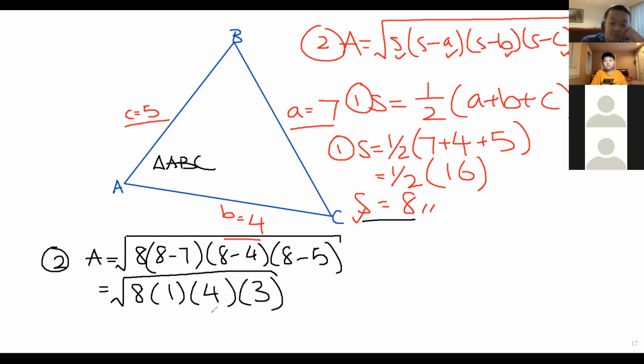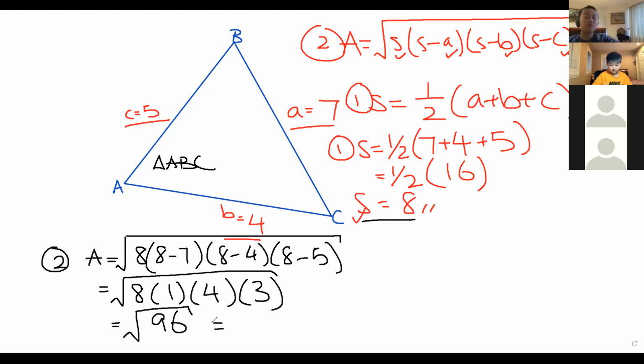And then this gets simplified to square root. So 8 times 1, this is just 8. And then 4 times 3 is 12. 12 times 8, 96. Right? And then here we're going to have to go into our calculator because 96 does not give us a nice square root. So if I do the square root of 96. Remember I previously said that you only have to give up to three decimal places, right?